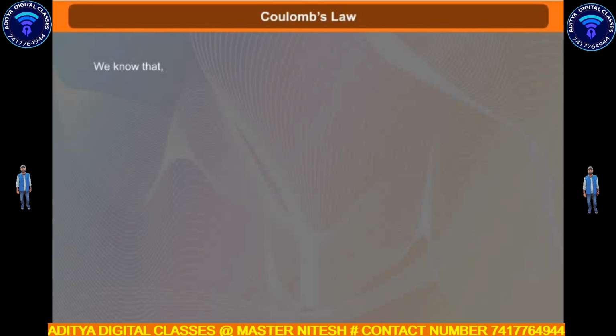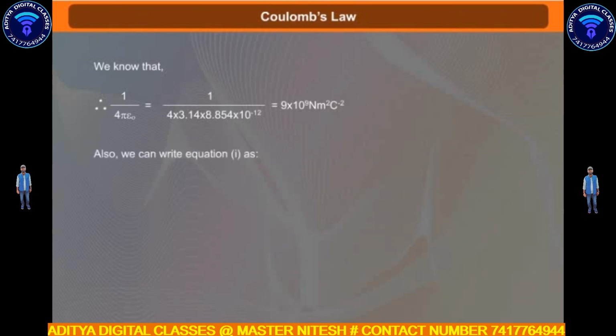We know that 1 upon 4 pi epsilon naught, after substituting the epsilon naught value, will give 9 into 10 raised to power 9 newton meter square per coulomb square. Also, we can write equation 1 as F in vacuum is equal to 9 into 10 raised to power 9 times Q1 into Q2 by r square.